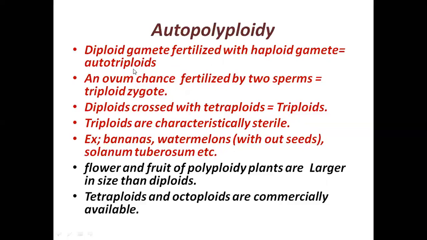The diploid gamete results from non-disjunction, where the diploid set of chromosomes ends up in the gamete. So 2n plus n would result in 3n. Or else a triploid zygote may result from a chance fertilization of an ovum by two sperms. Either way, this can also lead to the formation of autotriploids.